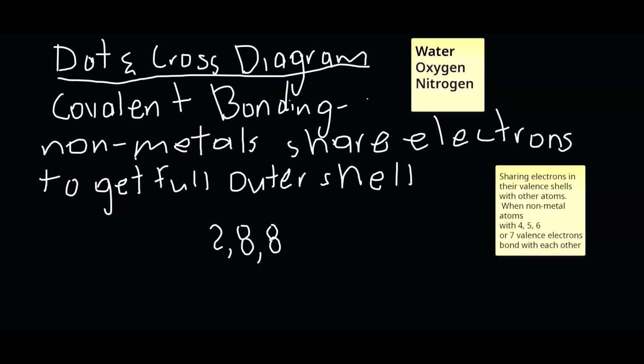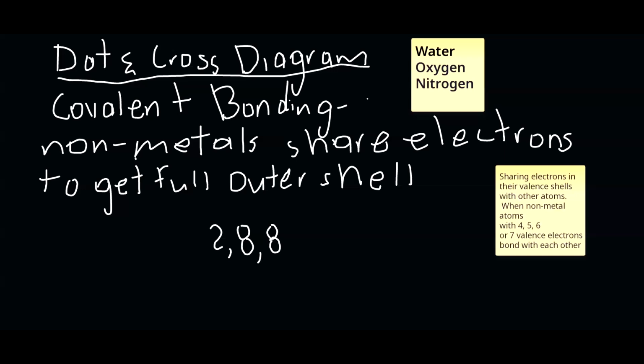So it's 2, 8, and 8. The first shell can hold a maximum of 2. The second shell can hold a maximum of 8. And the third shell, 8 as well. Now, the idea why the non-metals in covalent bonding share electrons is that they want to obtain a full outer shell. So depending on their atomic number, the main objective is to have a full outer shell.